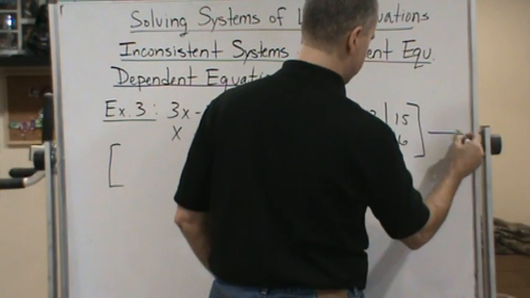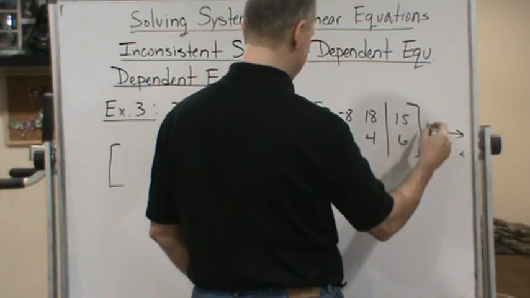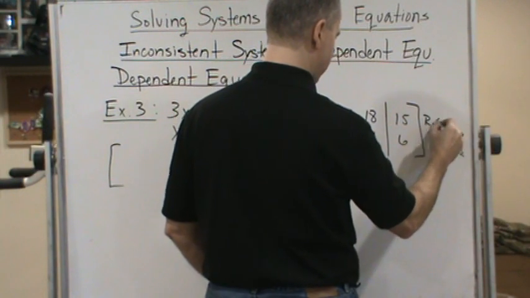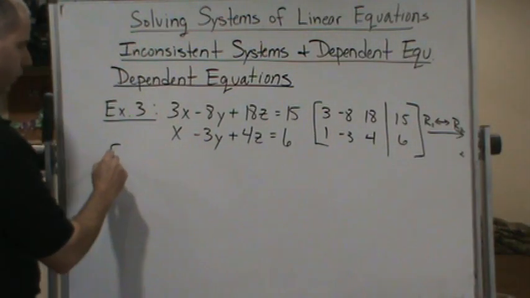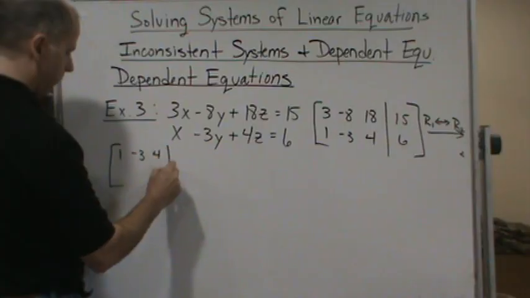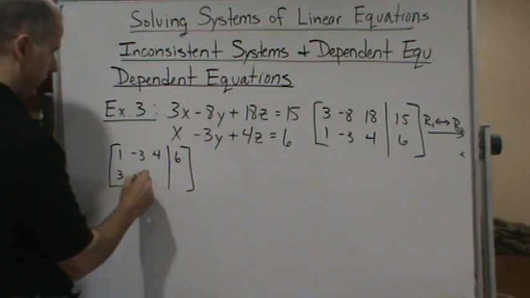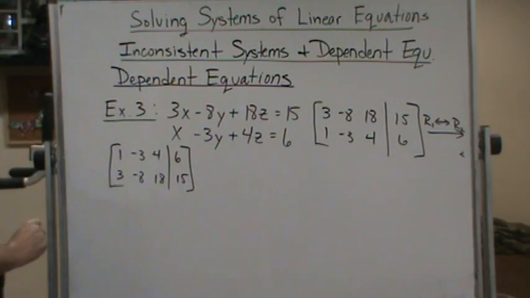So again, just to do everything right, we're going to do row 1 swap with row 2. Okay, so now we're going to get 1, negative 3, 4, 6, and then 3, negative 8, 18, 15.